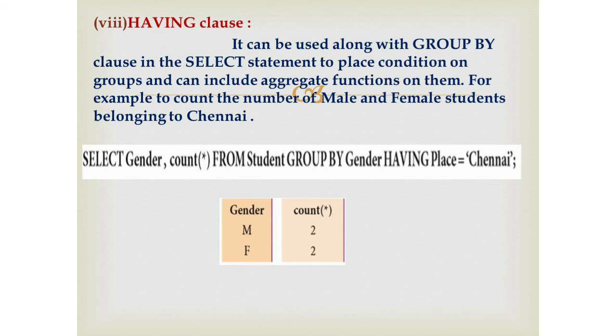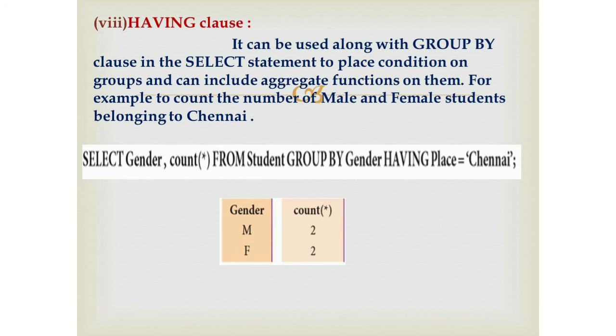That is the HAVING clause. The HAVING clause can be used along with the GROUP BY clause in the SELECT statement to place conditions on groups. The main purpose of the HAVING clause is to place conditions on groups.